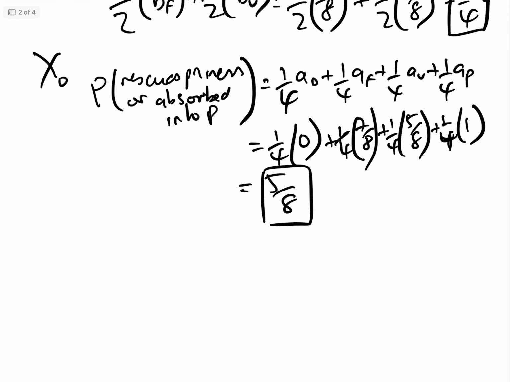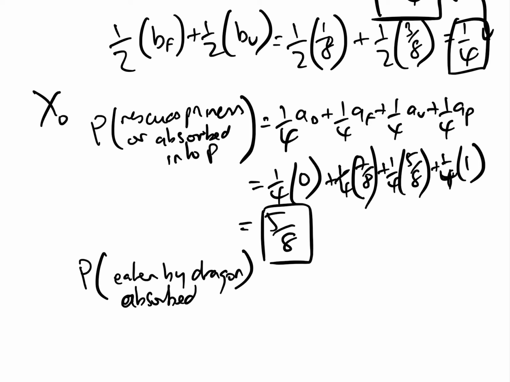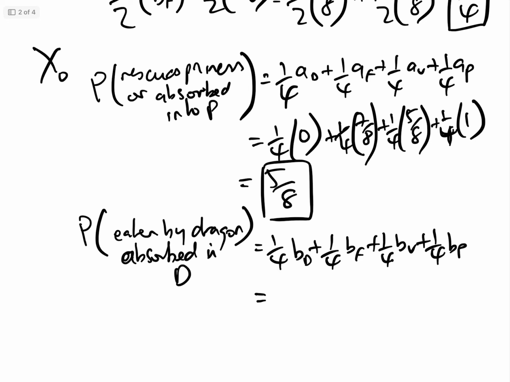And just to cross check that, let's just work out the probability that he is eaten by dragon or absorbed into D is basically a quarter BD add a quarter BF add a quarter BV add a quarter BP. And basically the probability that he gets eaten by the dragon if he's already been eaten is 1.